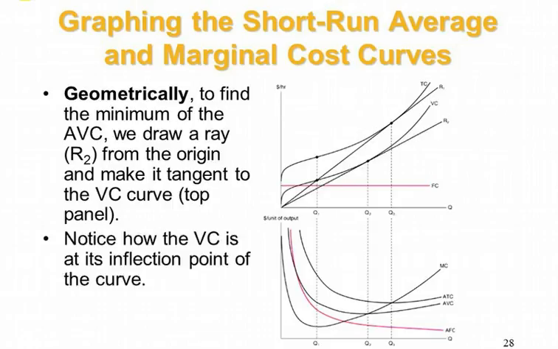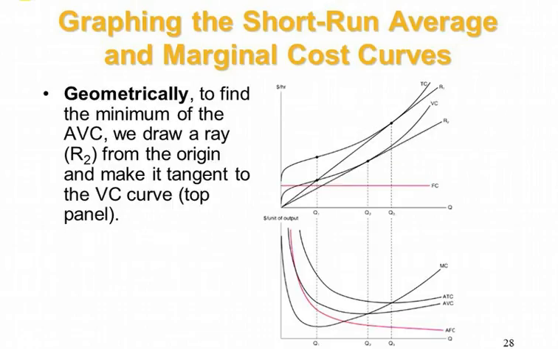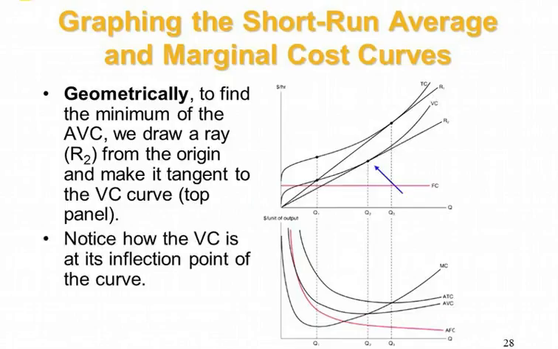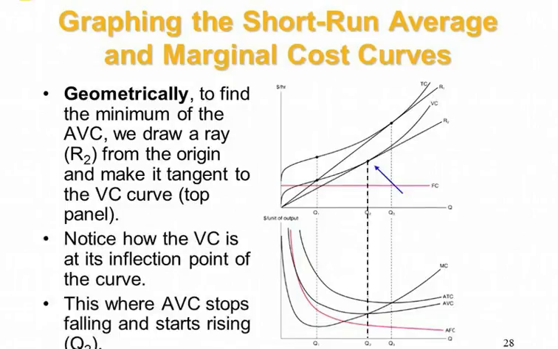So basically, the way we do that is you draw a ray, a straight line, from the origin in this graph up top until it's tangent, until it just kisses the variable cost curve, like so. And that point will show you the minimum of the average variable cost. See right there? So Q sub 2 is going to give you average variable cost, which is right down there.